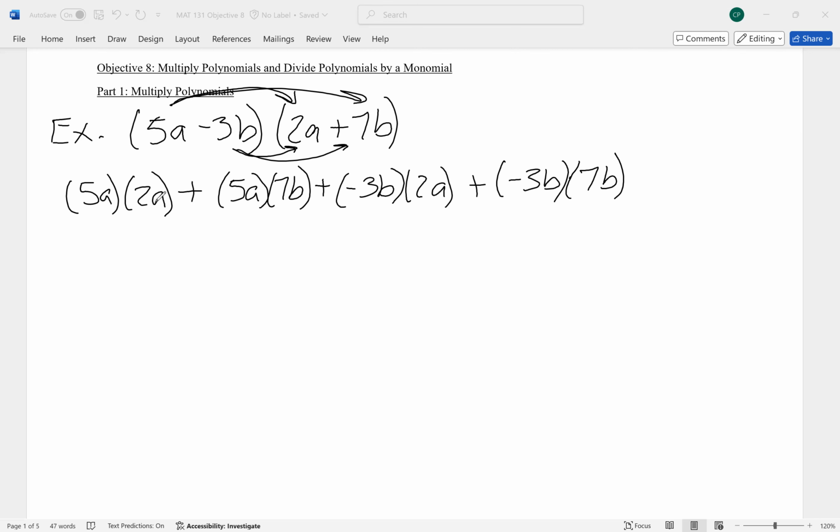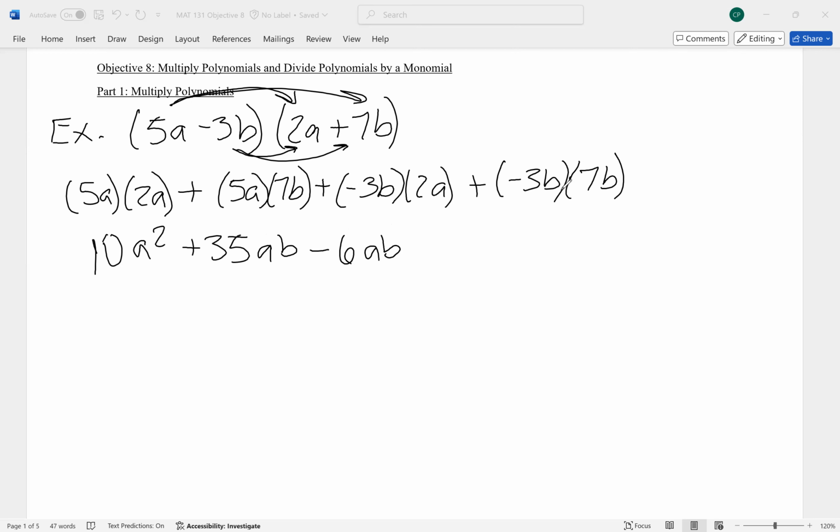So 5a times 2a is going to be 10a squared. 5a times 7b is going to be 35ab. We typically list the variables in the order that they appear in the alphabet. So like ABC, or XYZ, like that. For this one, we got negative 3b times 2a. That will be negative 6ab. Again, we'll put it in that alphabetical order.